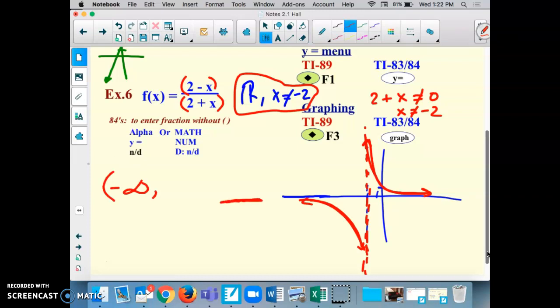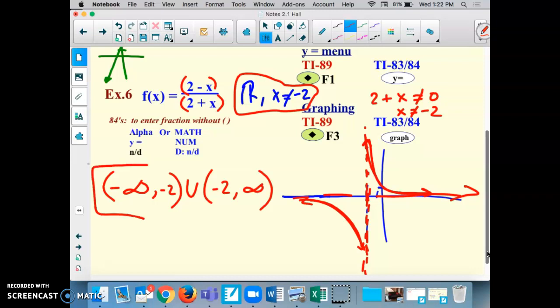Everything way out here. All the way up to -2. And then we put the union with that of -2. So -2, that's from here on way out there to positive infinity. So interval notation, that is what it should look like.